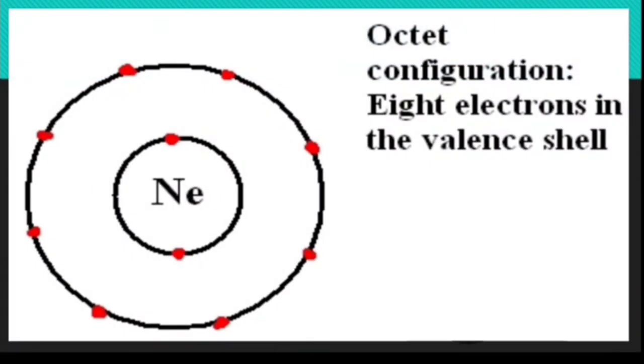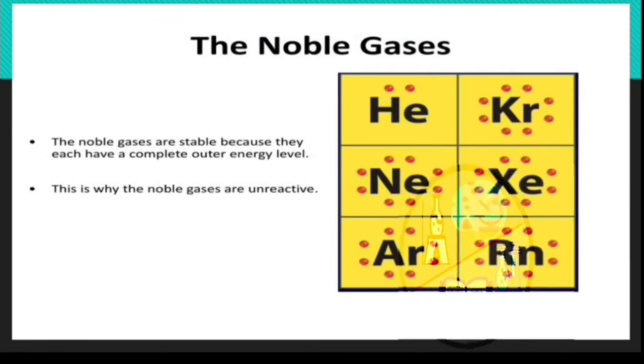It means the element should have octet configuration, which is the stable state. Octet configuration means having 8 electrons in the valence shell. The noble gases are the elements that are most stable due to the maximum number of valence electrons present in their outermost shell. And the noble gases are as follows: helium, neon, argon, krypton, xenon, and radon.